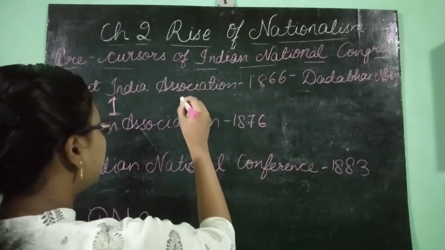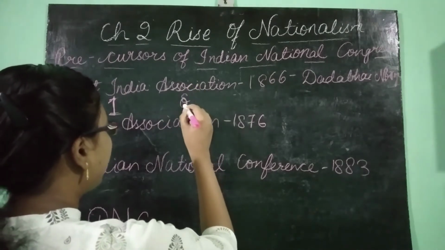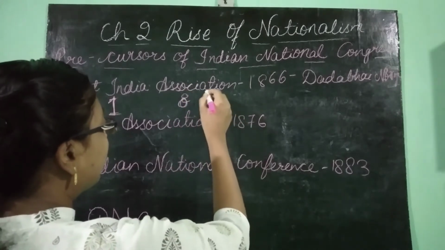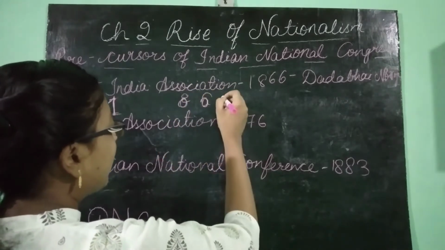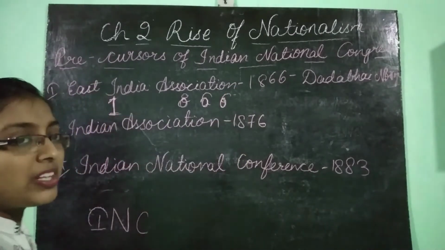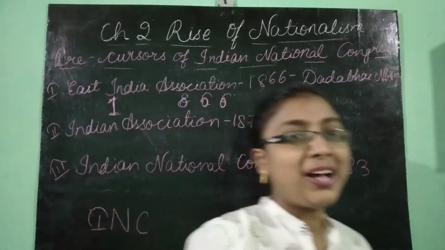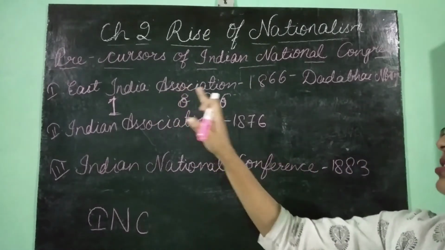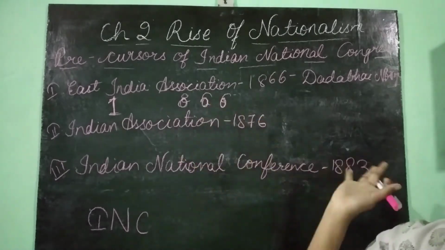So here O is there, make it 8. And here we have A, make it 6. Here we have O, make it 6. So just to remember, I am telling these tricks. The East India Association was formed in 1866.